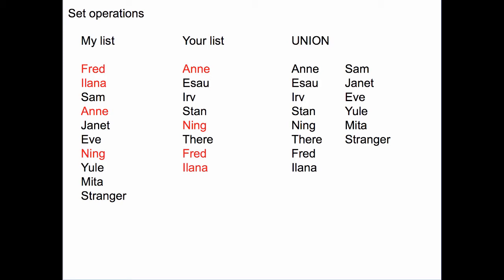Now this set operation that we did, combining the set of people on my list with the set of people on your list, is called union. And we say that the combined list is the union of my list and your list.